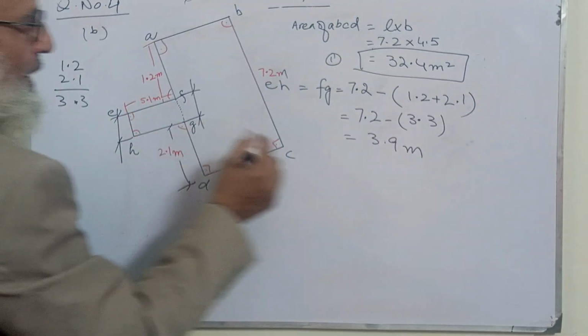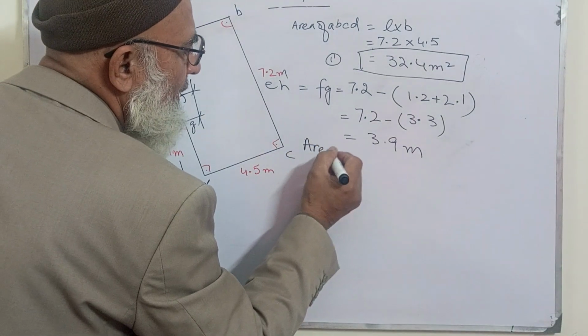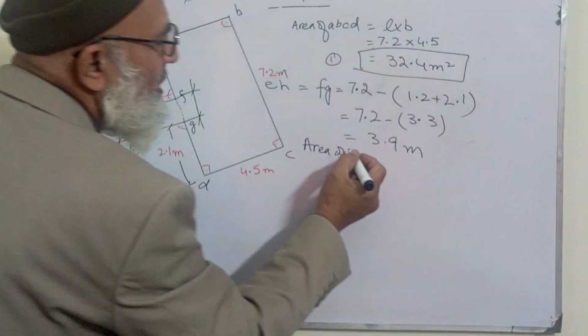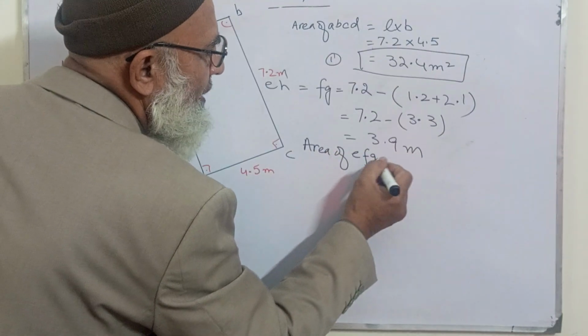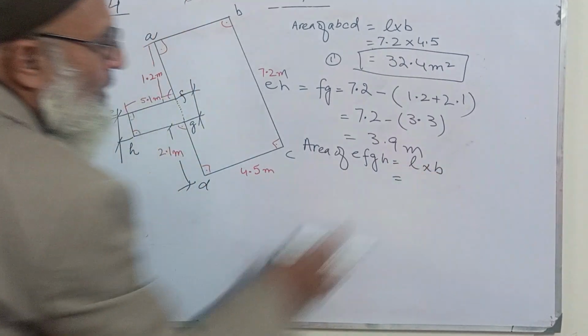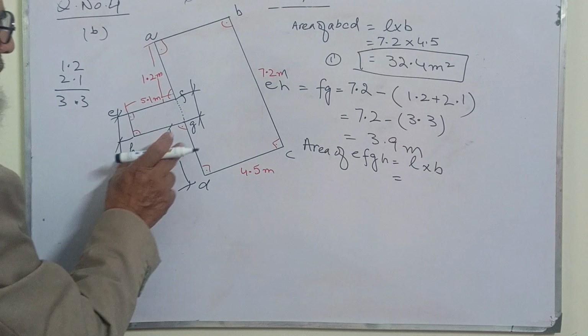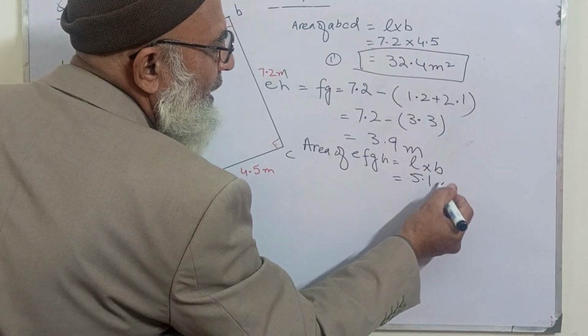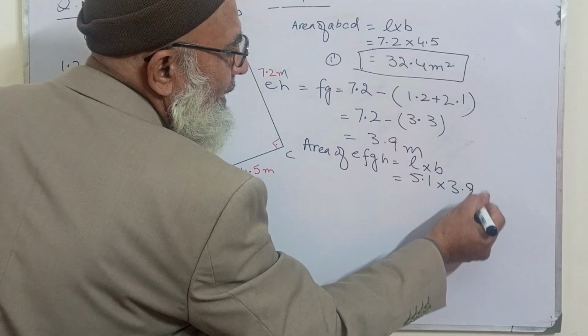Now the area of the smaller rectangle EFGH is equal to again L multiplied by B. So L is, we know, 5.1. It is given, 5.1 multiplied by 3.9.